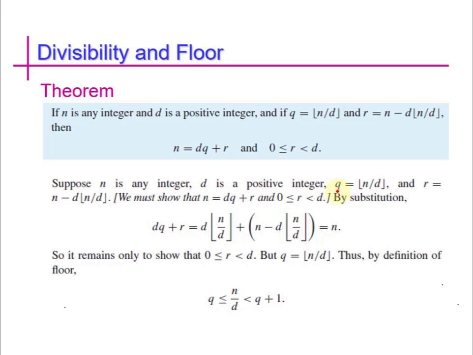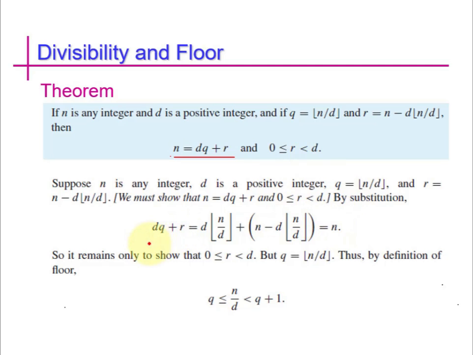and for these two numbers n and d, floor of n over d is equal to some integer q, and r is defined as n minus d times floor of n over d. We need to show from these given statements that n is equal to dq plus r, where r is between 0 and d.